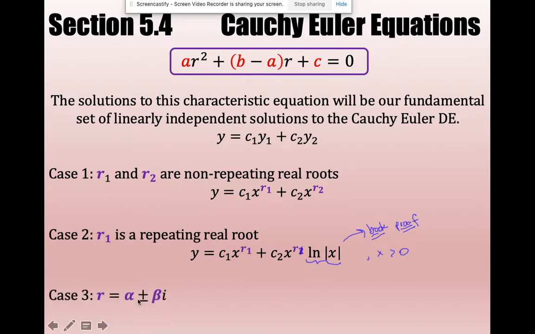Then the case where I get non-real answers. I chose to use alpha and beta here just to differentiate it from our regular a and b.